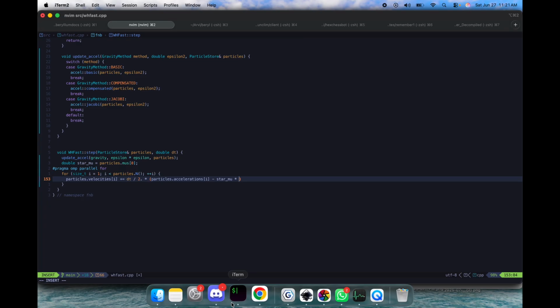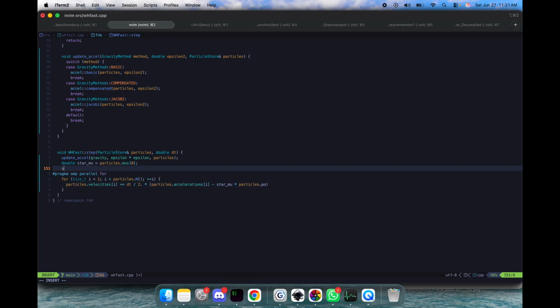Star mu times particles dot, so let's also add a star pos.